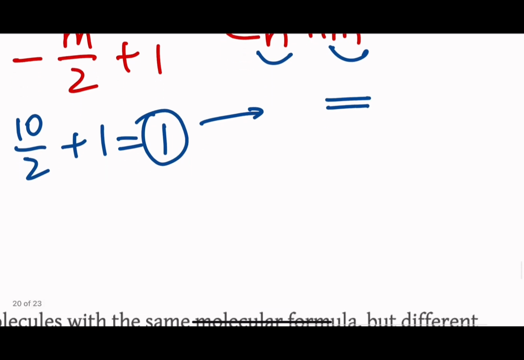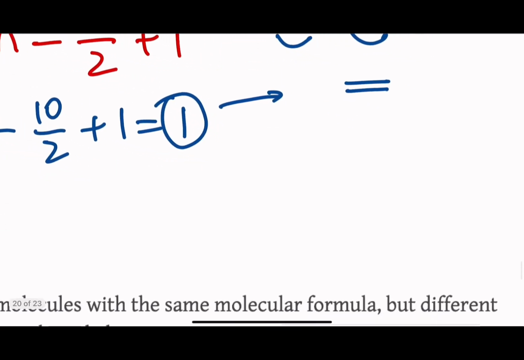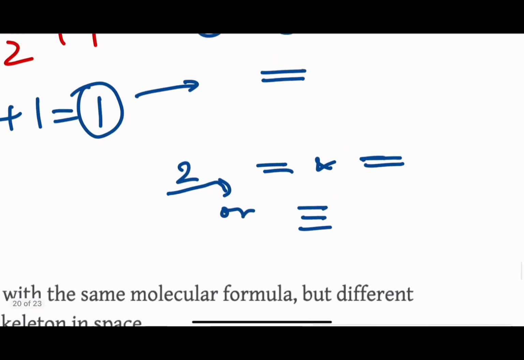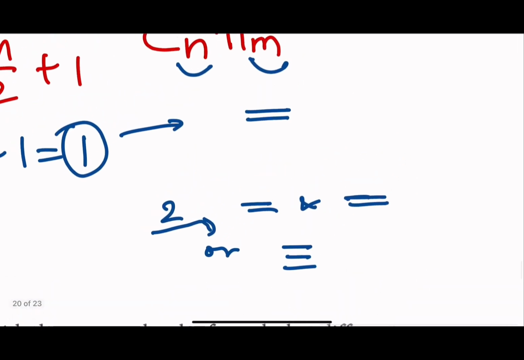If you have a number of unsaturation, which is 2, that means that you have either 2 separate double bonds or you have a triple bond. Okay, this is the 2. Also, one number of unsaturation is meaning that we have a ring, for example, like this.